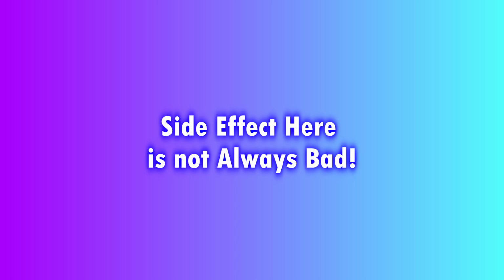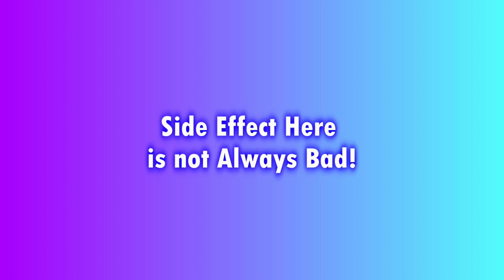I don't mean by side effect here a thing we want to always avoid. In fact, in certain cases, the side effect is both beneficial and predictable. So the term side effect here doesn't always refer to a negative thing.